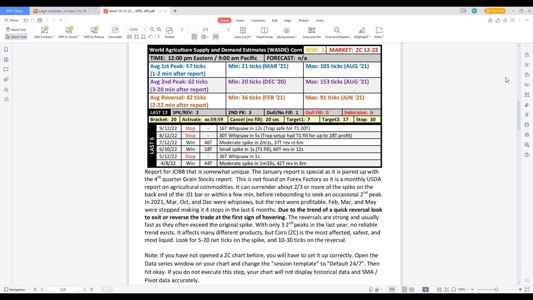Tomorrow, if you're especially a challenge trader member, come to the WASDE report. It's an awesome report and it is a trap trade. But look at the DMM.